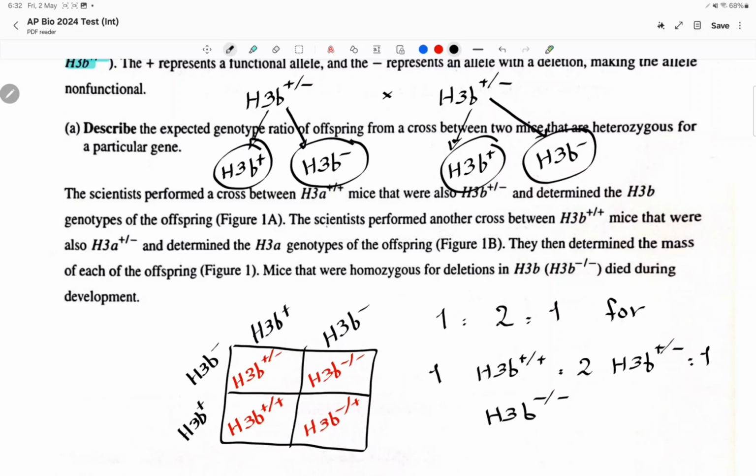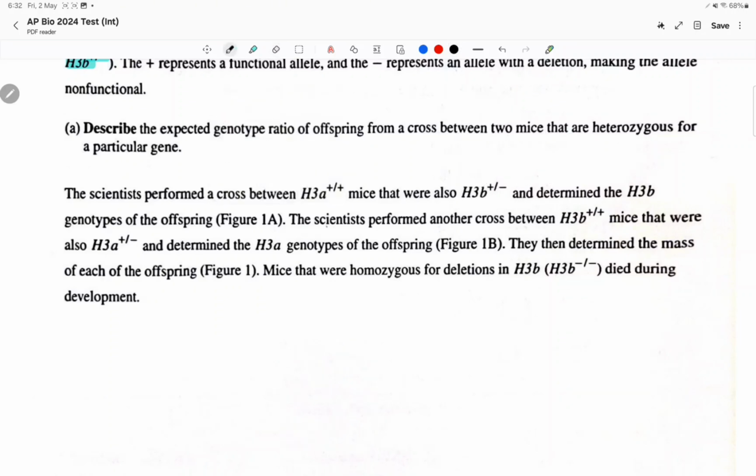Good. Now, the scientists performed a cross between H3A plus plus mice that are also H3B plus minus, and determined the H3B genotype of the offspring.